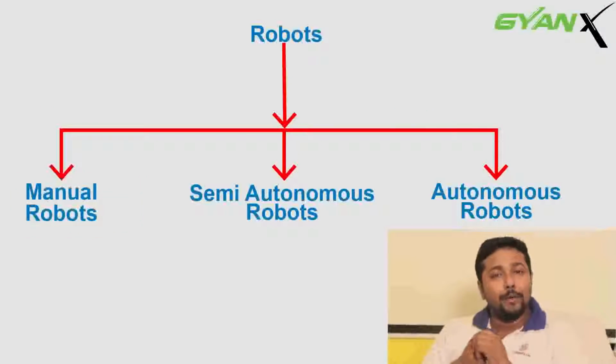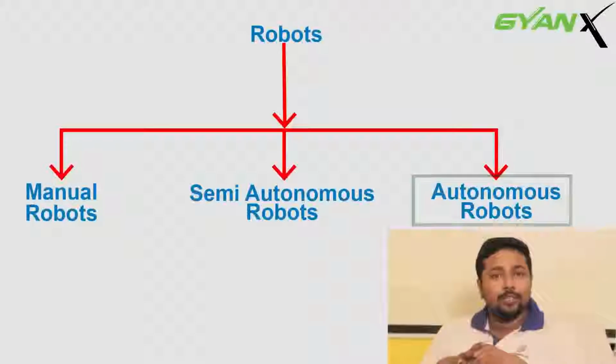One is manual robots, the second is semi-autonomous robots, the third is autonomous robots. In case of a manual robot, you have 100% human intervention where the human controls the robot through an operator control unit, or so-called remote.